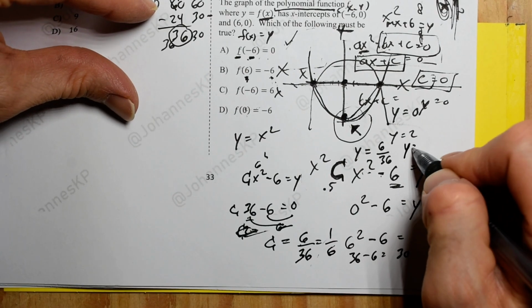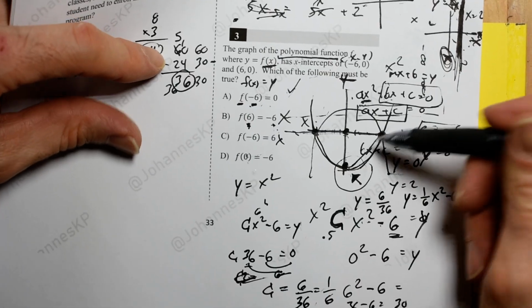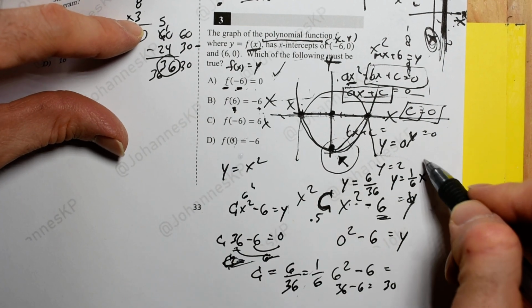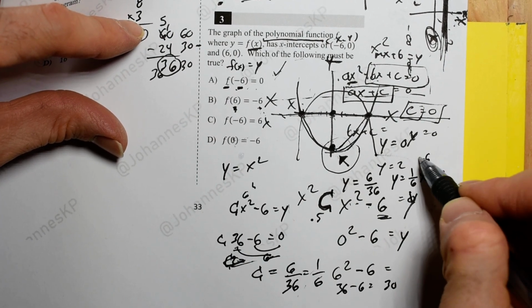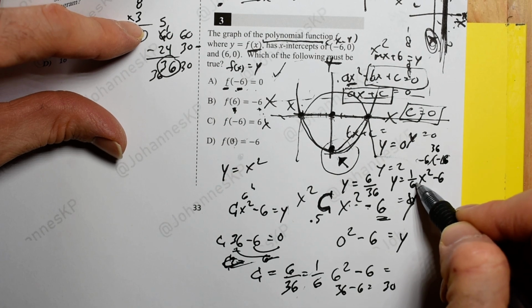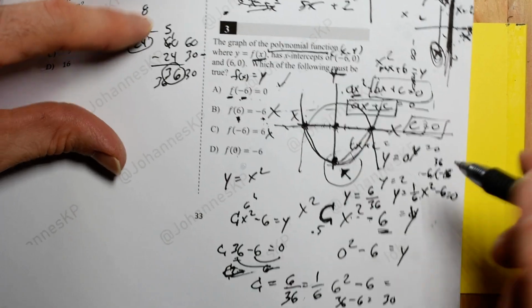So you could have y is equal to 1/6 x squared minus 6. So this could be the function. That function satisfies this, because if you throw in a -6, the negative goes away. -6 squared is 36, times 1/6 is just 6. 6 minus 6 is equal to 0. Perfect.